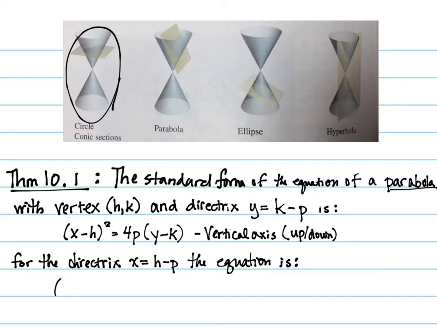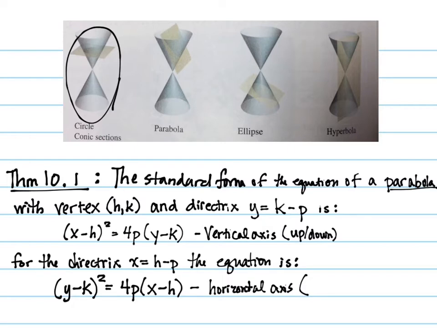So instead of x minus h, we have y minus k being squared. And then on the other side, we have that 4p still, but now it's times x minus h. And this is a horizontal axis. And just like we talked about, it's opening left or right.